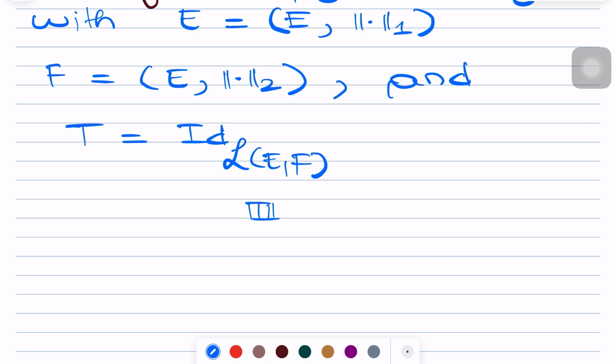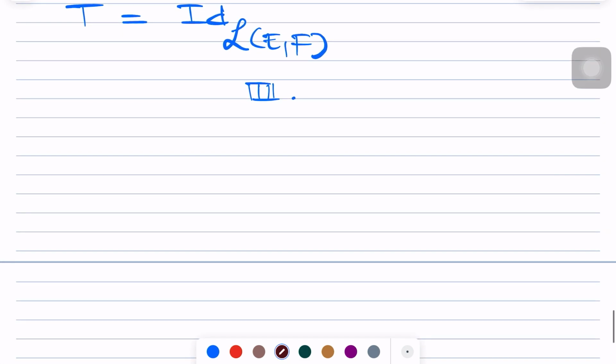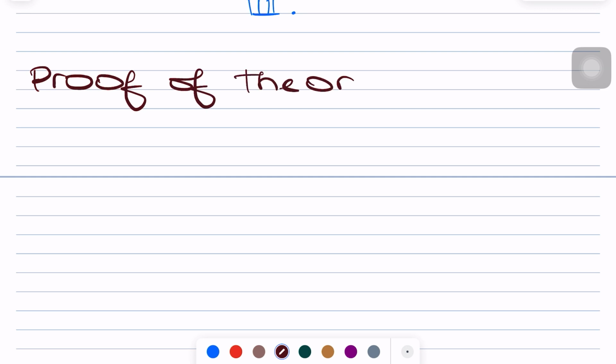Okay, so now let's prove our main theorem, the open mapping theorem. The proof is a bit lengthy, so that is why I decided to present first the consequences of the theorem before starting the proof. So, proof of theorem 2.6, that was the open mapping theorem.